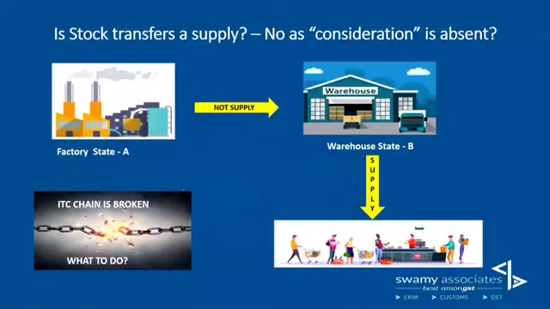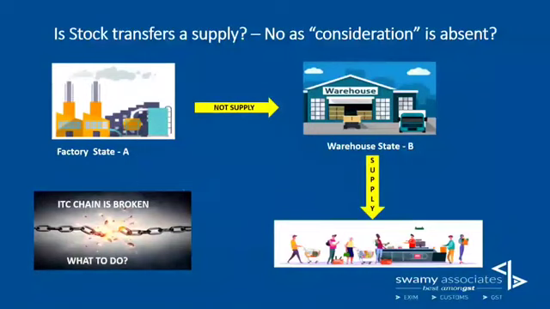The ITC will accumulate at the factory level. Now, from the warehouse, when the goods are sold to dealers or consumers, it is a supply because there is a consideration, there is a sale. So GST is payable by the warehouse. But the ITC will be at the factory level, and the warehouse, when we are going to pay that, will not have any ITC. So the ITC chain is broken.